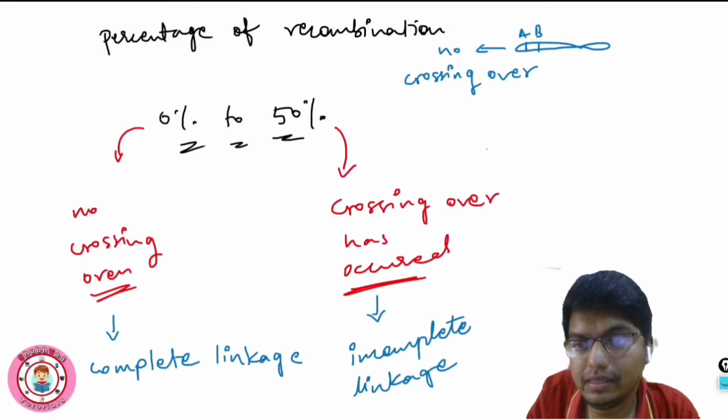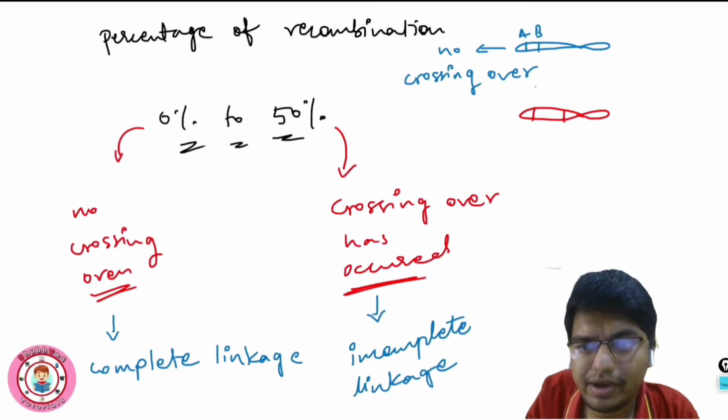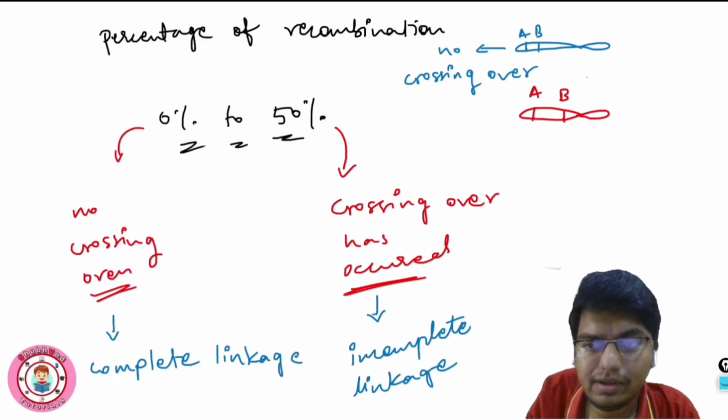Now the next case we will see. If the genes are located far away from each other, then they can get separated. Crossing over can separate these two genes.